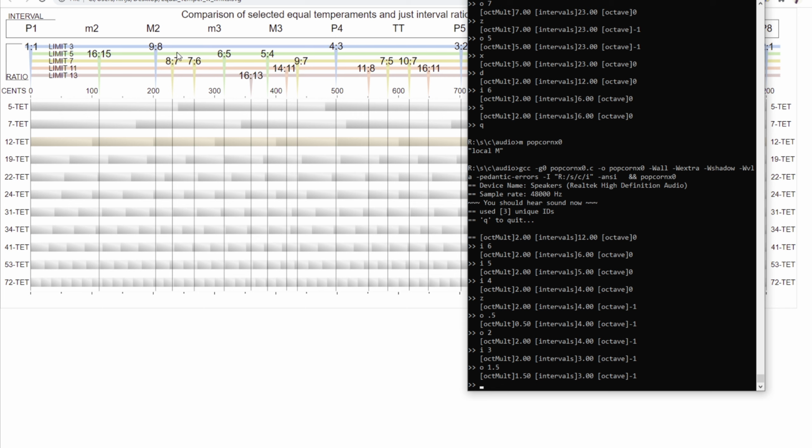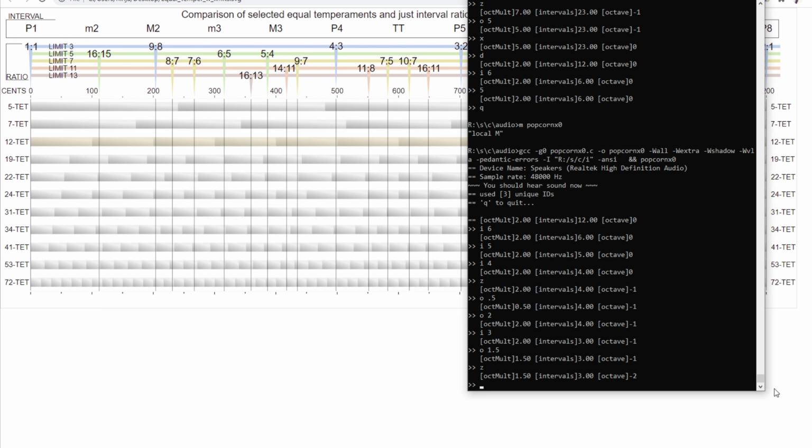Oh, and by the way, this image is from Wikipedia. Yeah. Don't arrest me. It's quite interesting. Maybe on a lower octave.